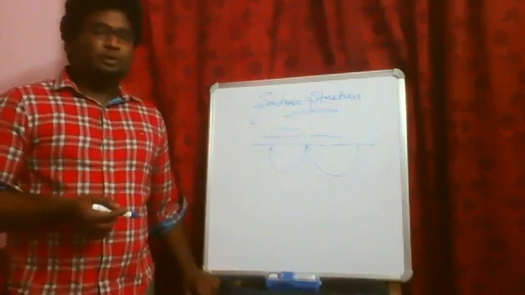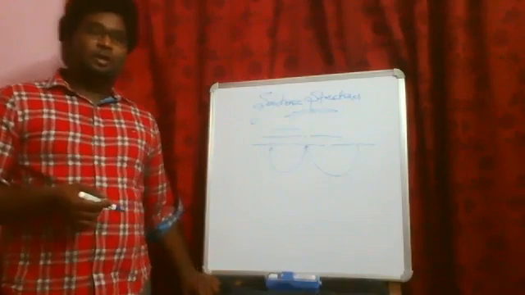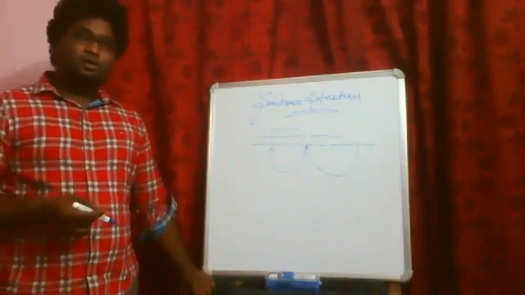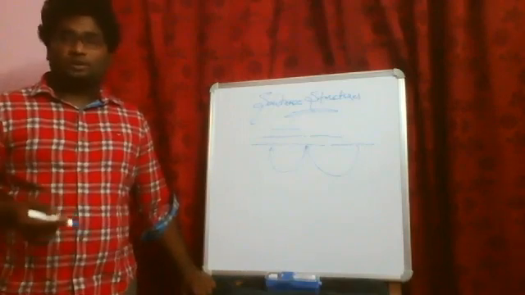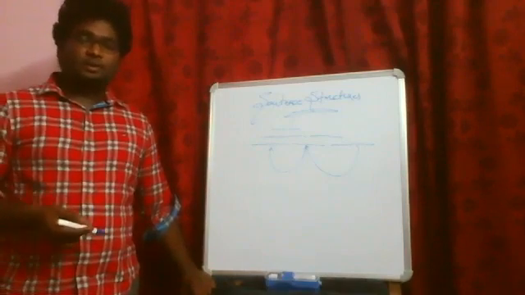We will also see the types of sentence structures, which is what they will ask in the examination. They'll ask you to write what a compound sentence is, what a simple sentence is, and what a compound-complex sentence is. This is how they'll ask you.